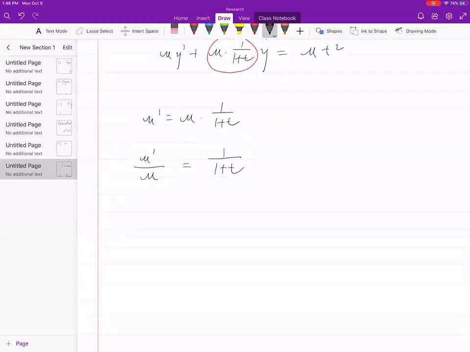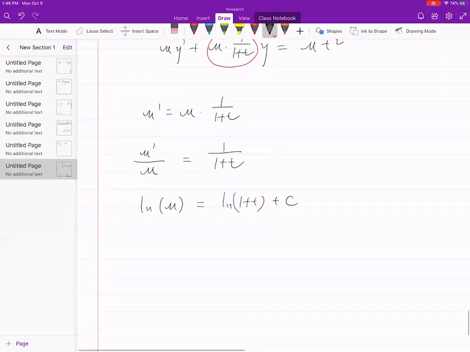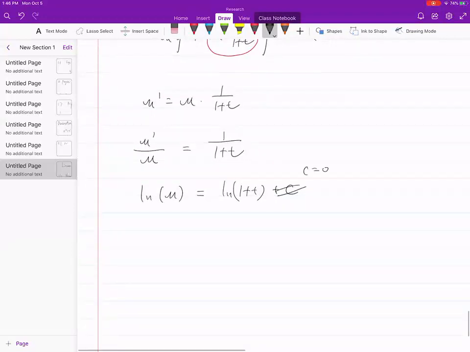Okay, this tells you ln mu equals ln(1 plus t) plus a c. Any c will work. Let's just, for simplicity, take c equal to 0. Then mu equals 1 plus t.